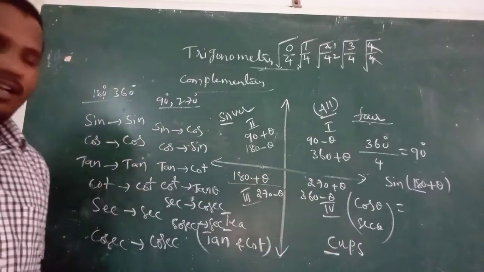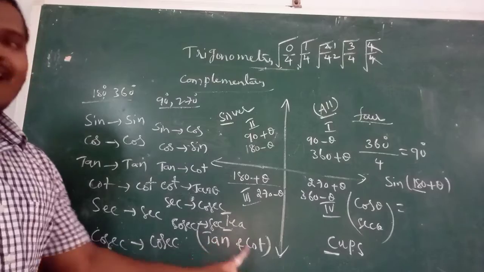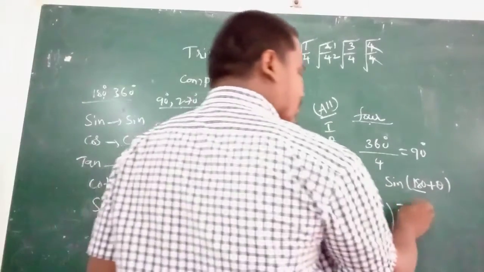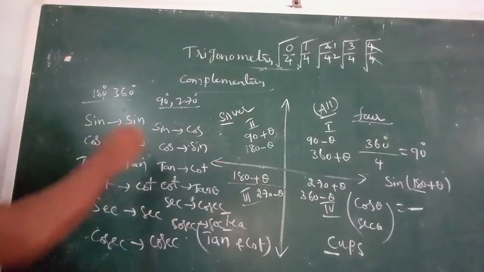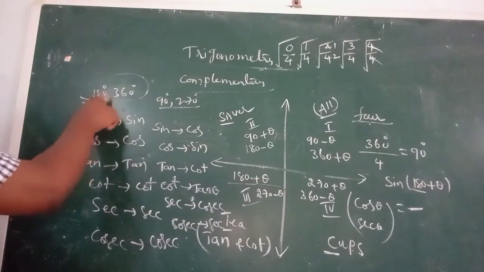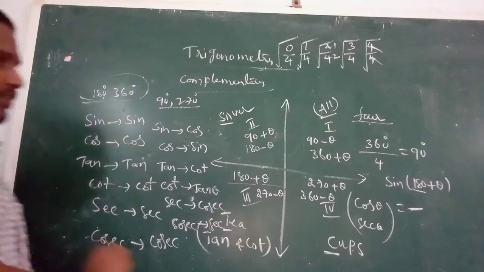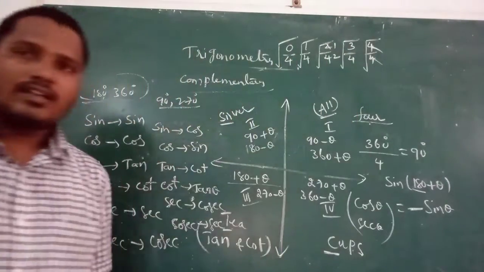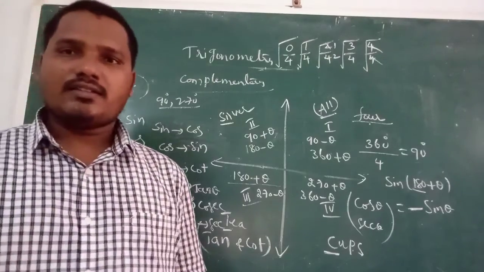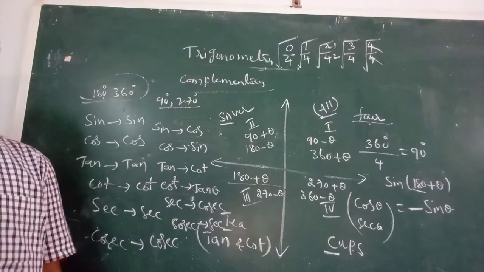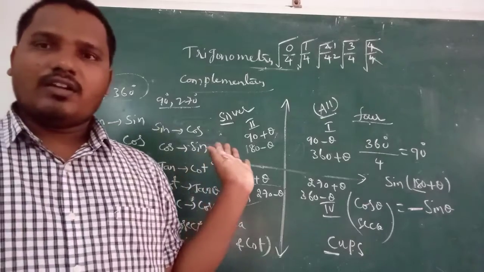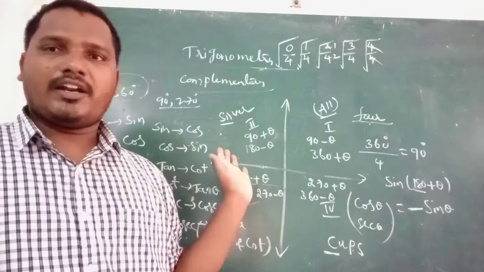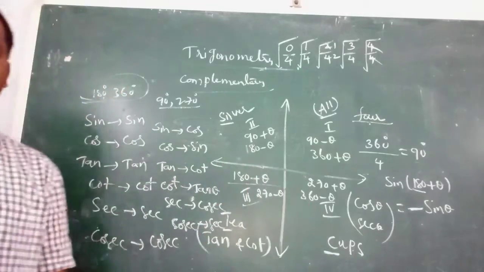In the third quadrant, tan and cot are positive, so sin is negative, so minus. 180 plus: sin becomes sin only, that is equal to minus sin theta. This is the version of trigonometry applied for allied angles.